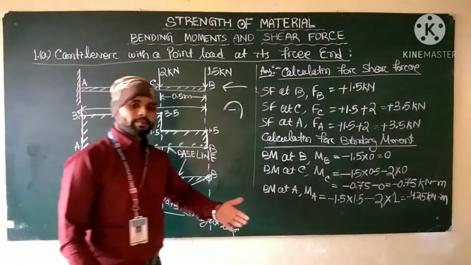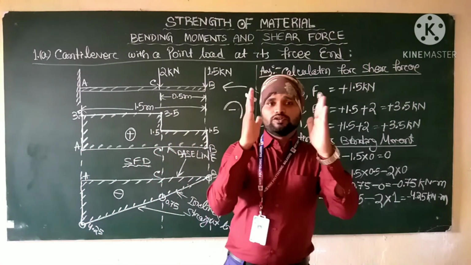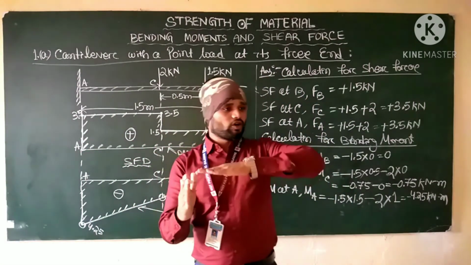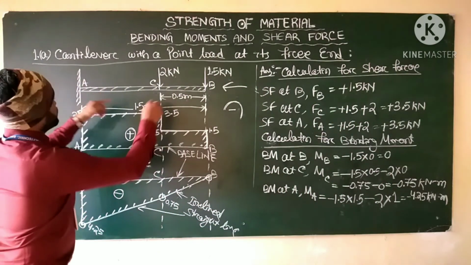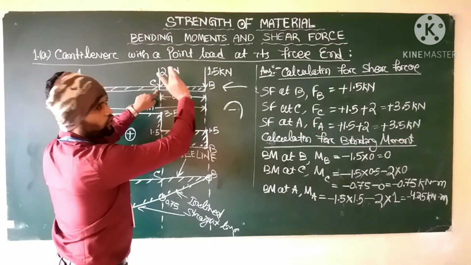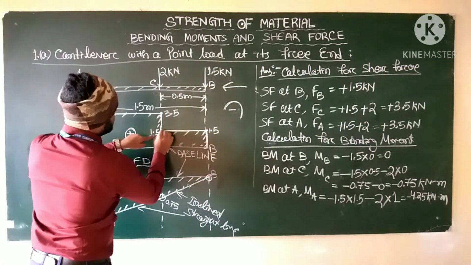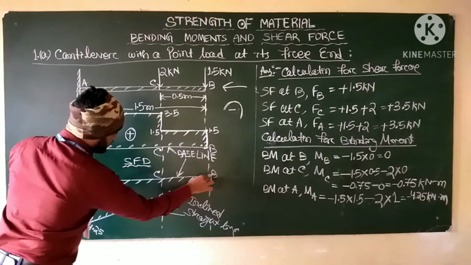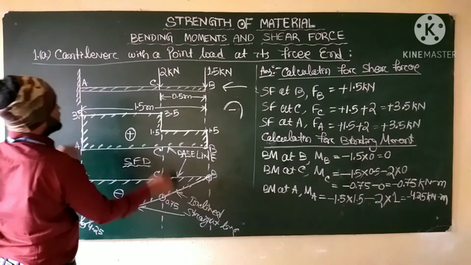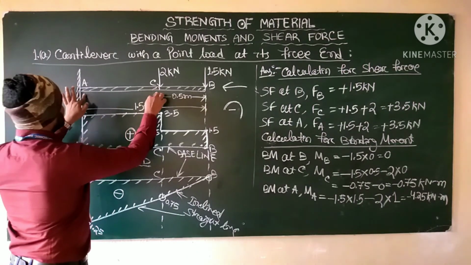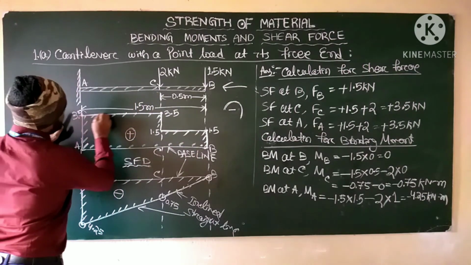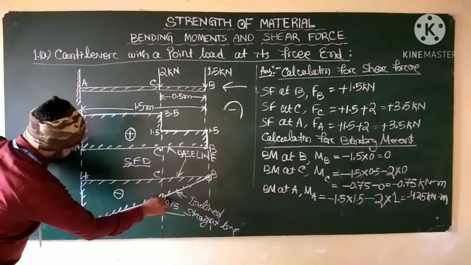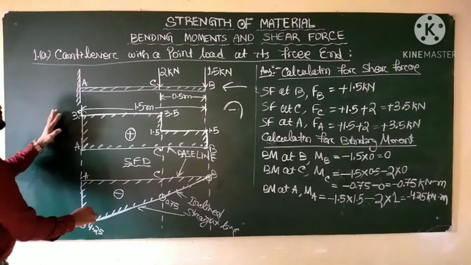Previously we have studied that if there is no load between two points, then the shear force is horizontal and the bending moment is an inclined straight line. Here between point B and C there is no load, so the shear force line is horizontal and the bending moment line is an inclined straight line. Between point A and C no load is there, so the shear force line is horizontal and the bending moment line is an inclined straight line.